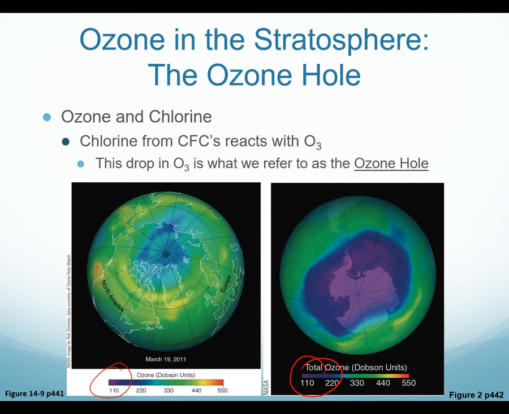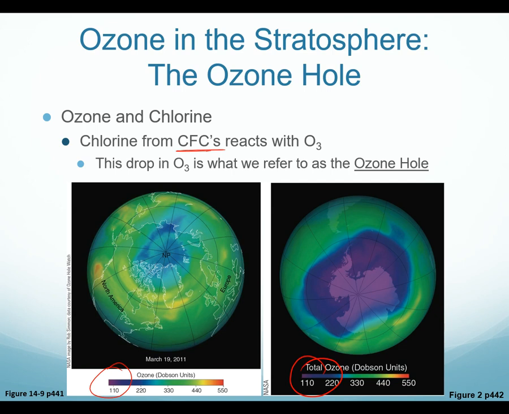Well, this is something that happens naturally every spring. But because of the increased concentration of chlorofluorocarbons, the chlorine from the CFCs interact with the broken apart ozone and thus create a huge depletion, a much larger depletion in ozone concentrations. And so that's a good example of our ozone hole.